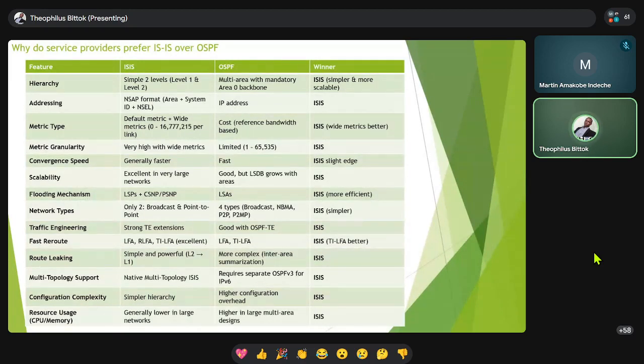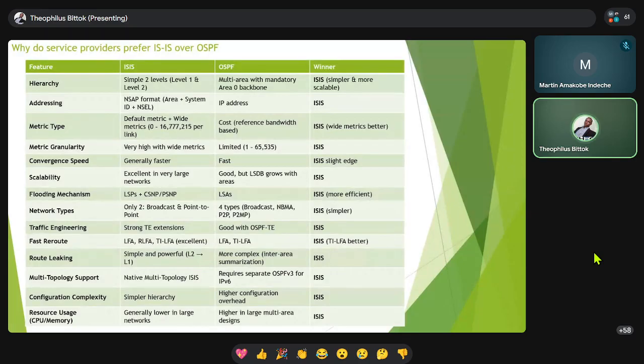And as you can see, the entity is carrying a lot of things. It's not just the system ID, it's also carrying the area. So when it comes to identification, ISIS has a better edge compared to OSPF.